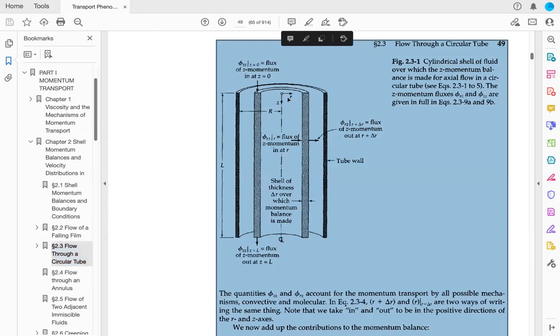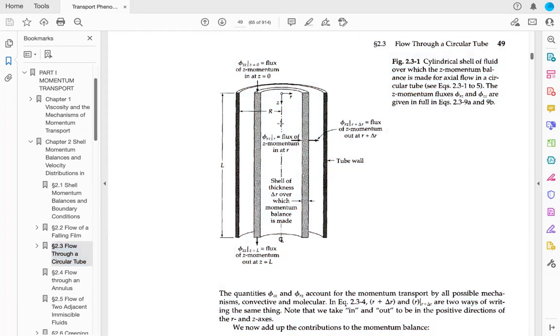If you look at the coordinate, we know that it is the coordinate of the cylinder. So you check the equations for the cylindrical coordinate.